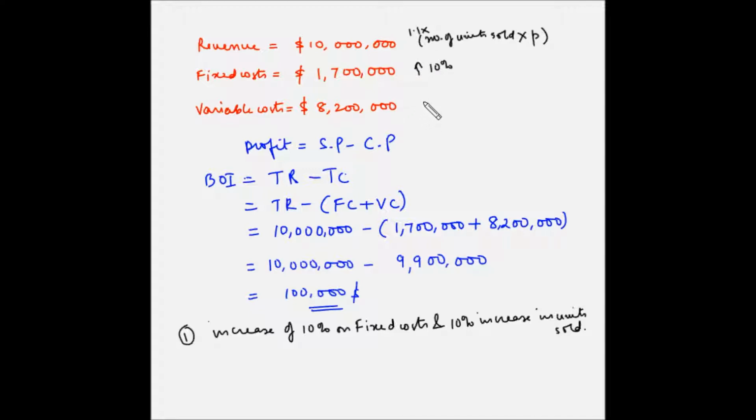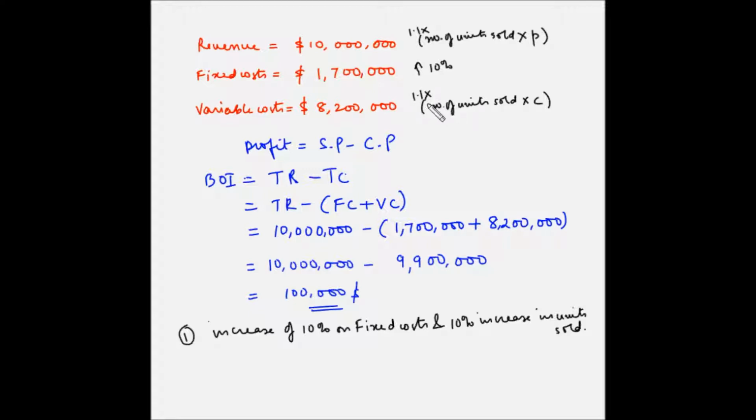Similarly, the variable cost is the multiplication of number of units sold and the unit cost. And this number of units sold is increasing by 10%. So again, here we have to multiply this by 1.1.